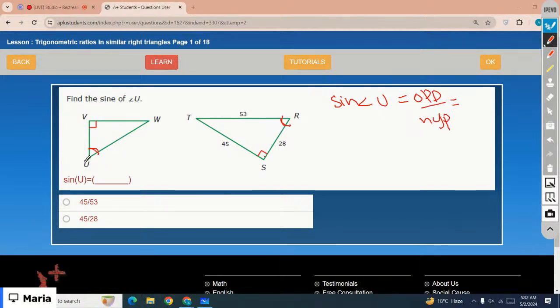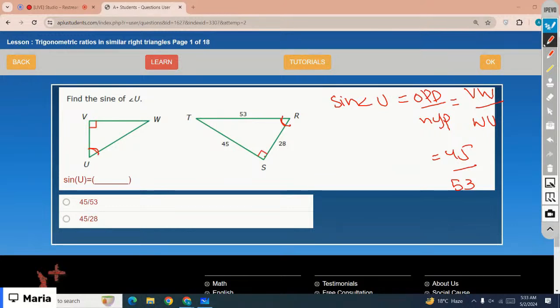So according to sine U, opposite is VW and hypotenuse is WU. So VW corresponds to ST, that would be 45, and WU corresponds to TR, that would be 53. So the correct option is 45 over 53. Got it?